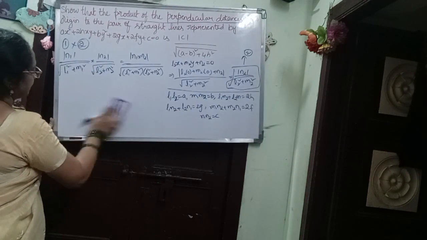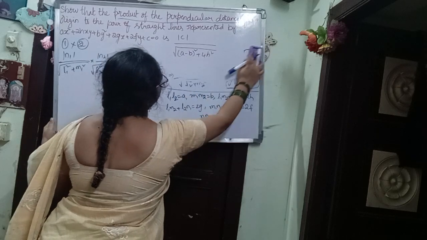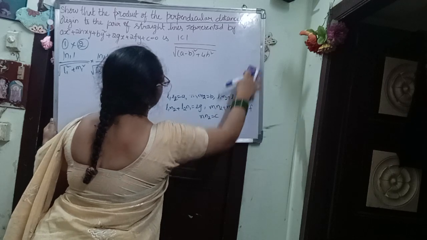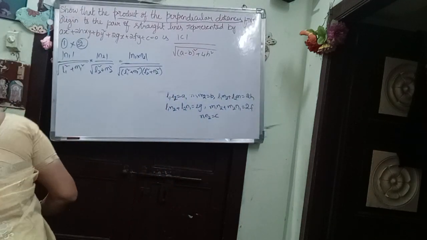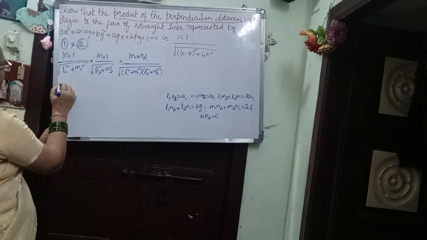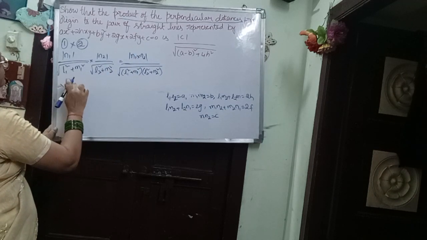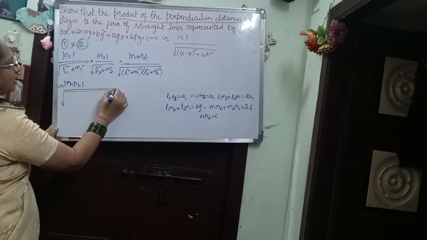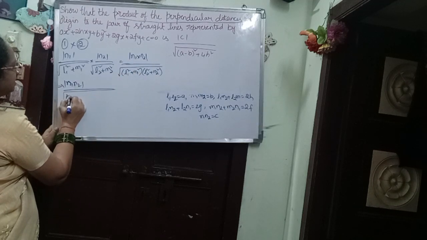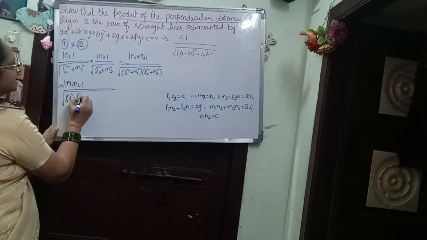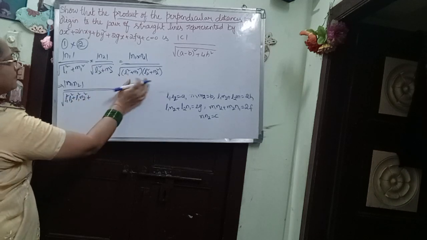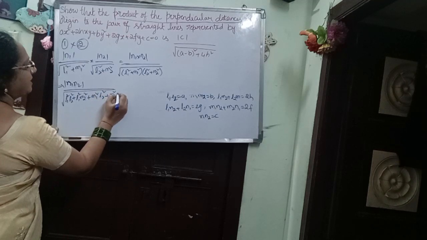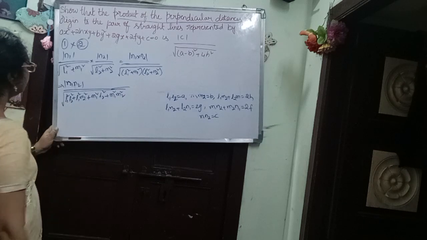So what next? This you got, that implies mod N1 N2 by root of L1 square L2 square plus L1 square M2 square plus M1 square L2 square plus M1 square M2 square, just multiplying these two.